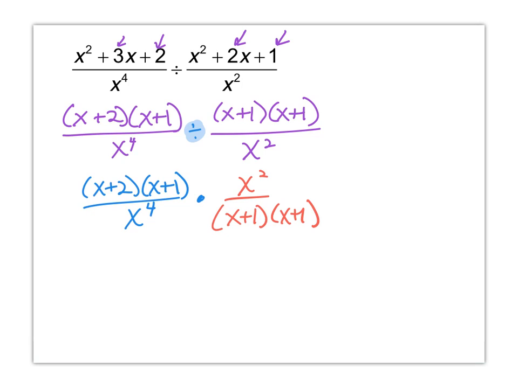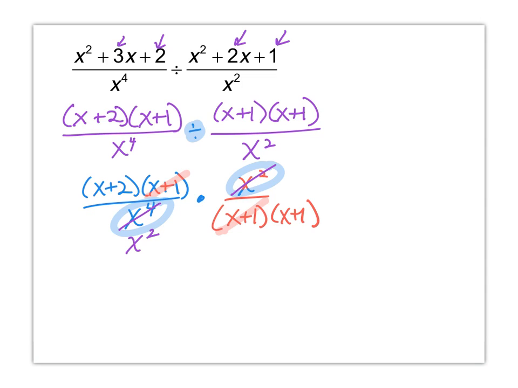Now, let's see if there are any common factors in the numerator and the denominator. We have an x plus 1 factor in the numerator that will divide out with an x plus 1 factor in the denominator. We also have an x squared in the numerator that will simplify with the x to the fourth in the denominator, and that will leave an x squared in the denominator.